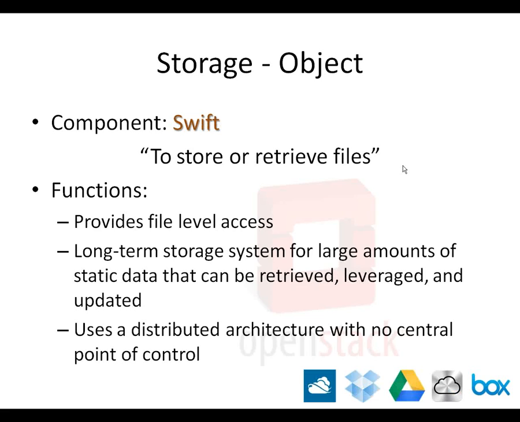Zone, in the sense, for example, we are in the US. The US will have two zones where your files will be present. When you access it frequently, it will get replicated into multiple different availability zones, in the sense of data center locations. It will get replicated in Singapore, the UK, and China, across geographies.